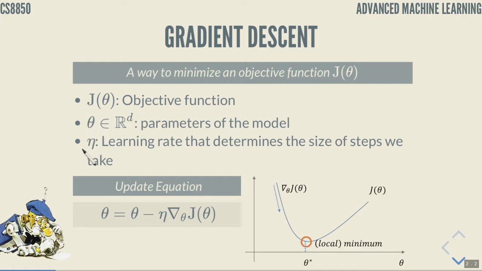But theta in the space is a space of parameters of our model. So if our model is perceptron, then J is an objective function, but our parameters are the w, the normal to the vector of the separating hyperplane.